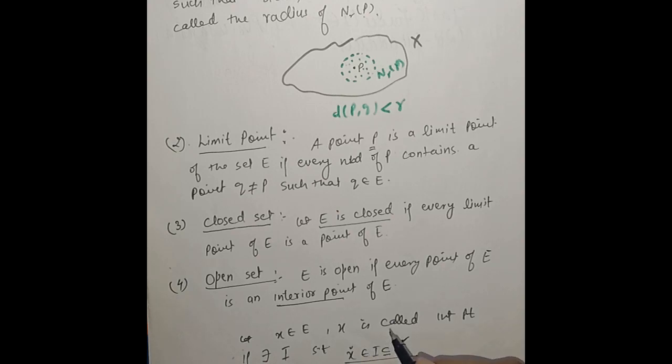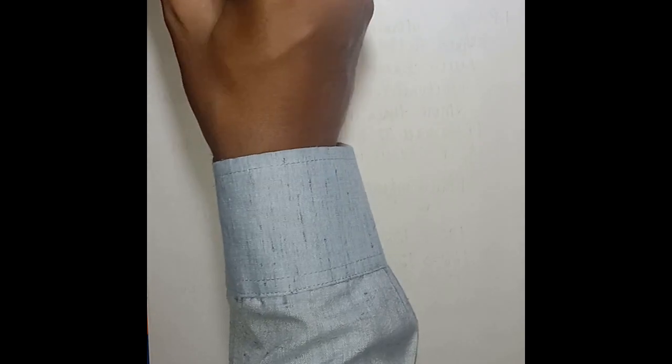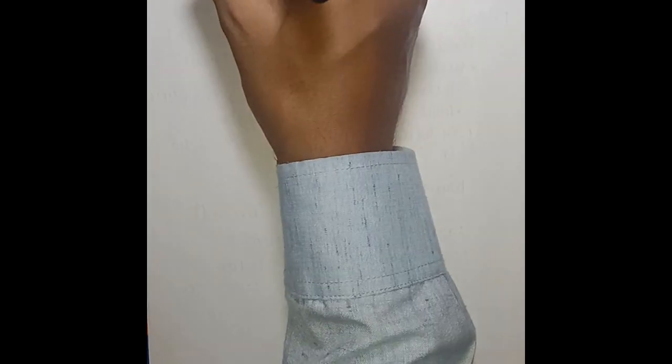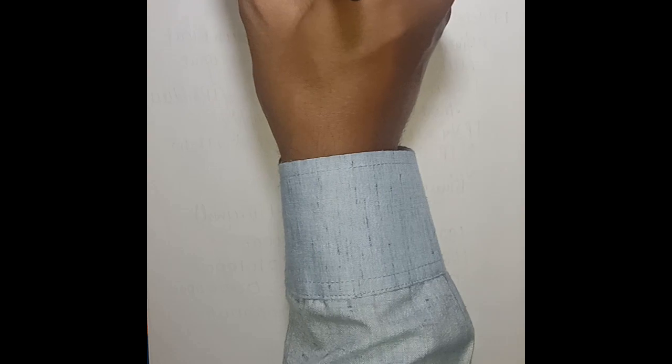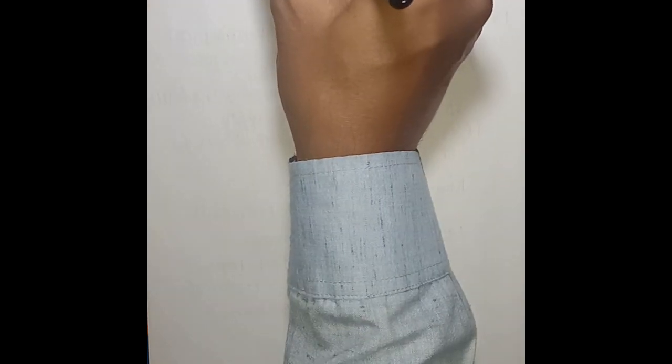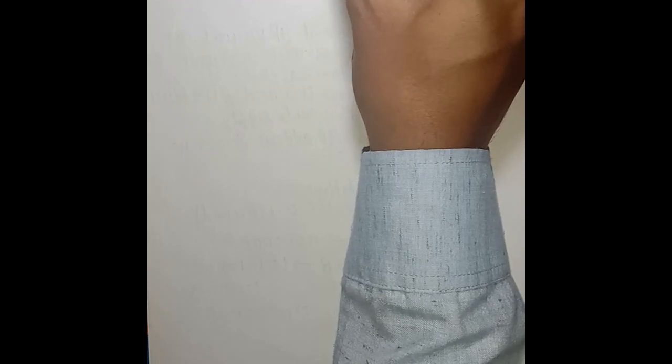Now let's see some theorems. Theorem number 1. Every neighborhood is an open set. Now the proof.